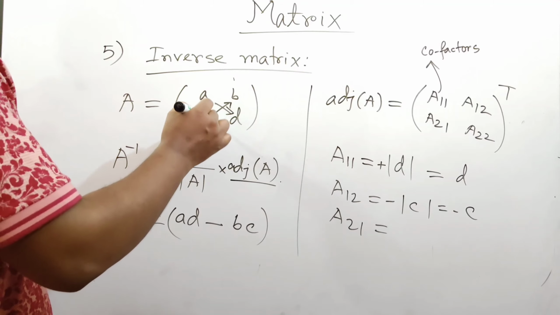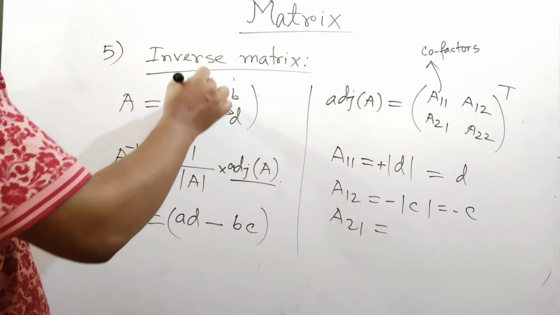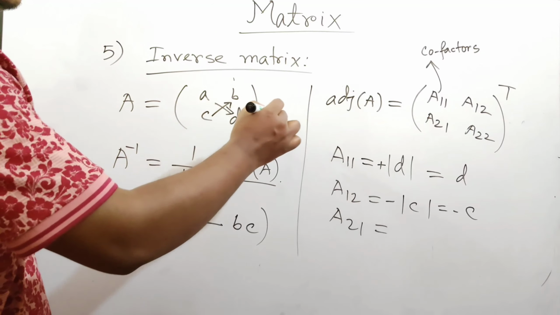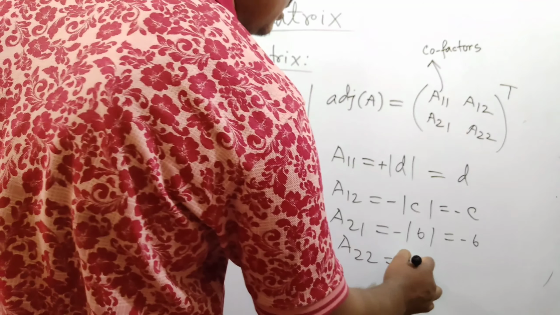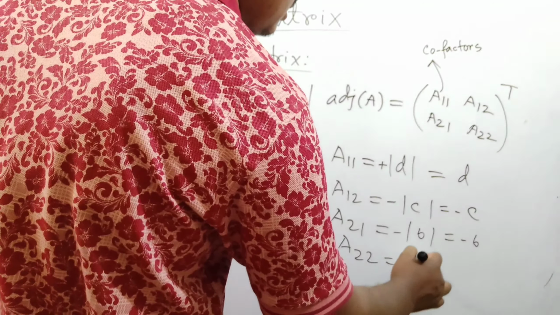So for C, the cofactor should be, you eliminate the column and row, then it should be B, that is negative B. And finally A22, that is for D, you eliminate the column and row, then you will get A, so that should be A. So if the sum of the suffix numbers is even, you use the plus sign; if it is odd, use the minus sign.